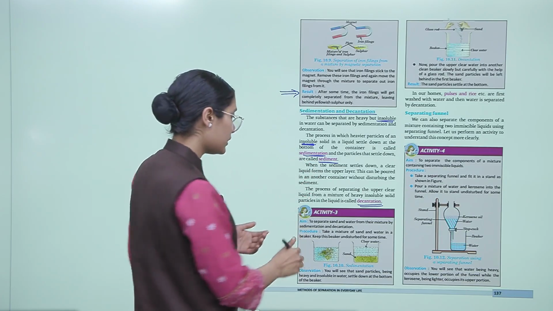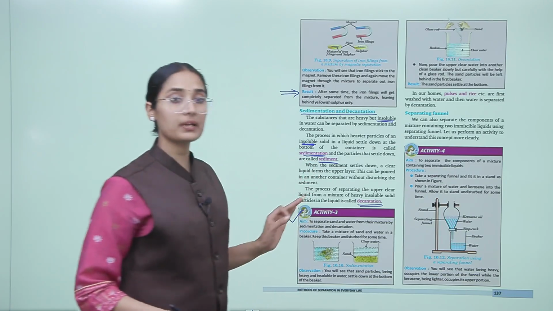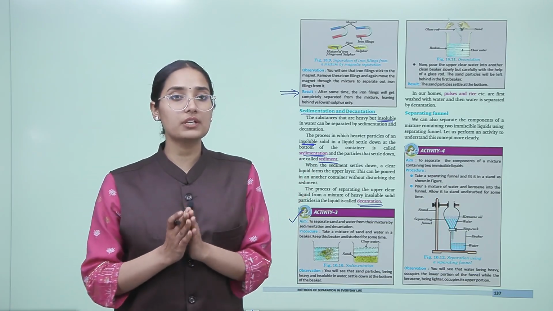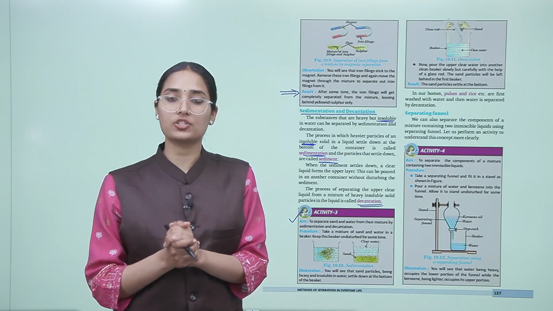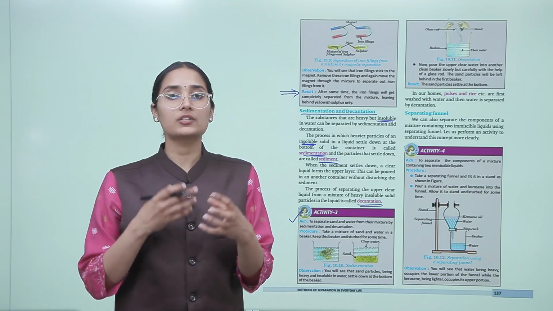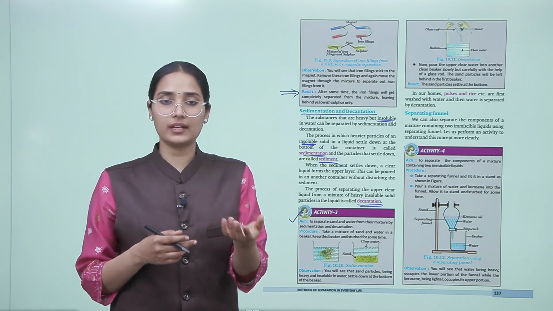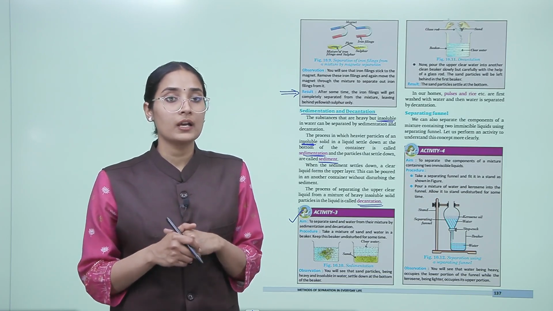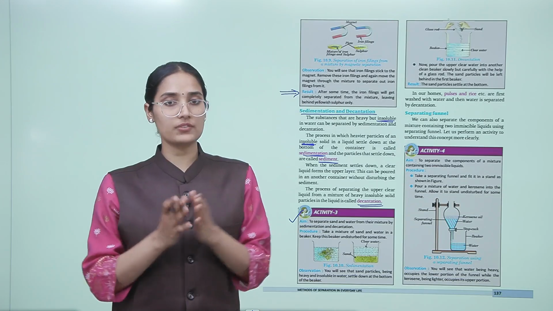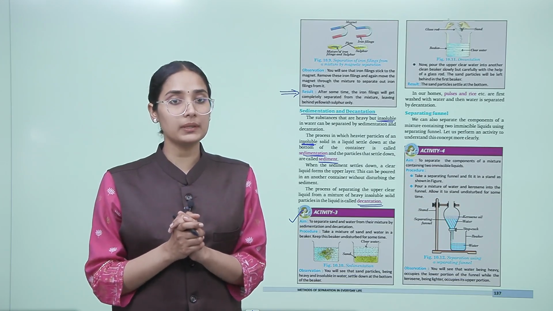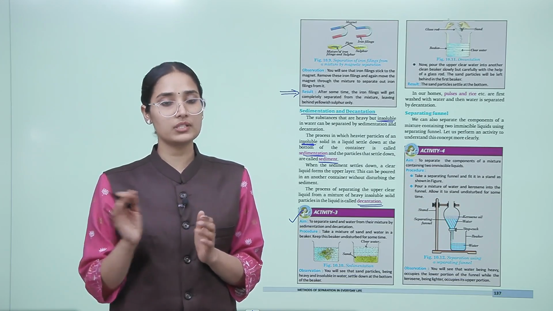Now let's do one activity to understand this. To separate sand and water from the mixture by sedimentation and decantation, we know that sand doesn't dissolve in water, right? It is insoluble. Okay, now we take a mixture of sand and water in a beaker, and keep the beaker undisturbed for some time.